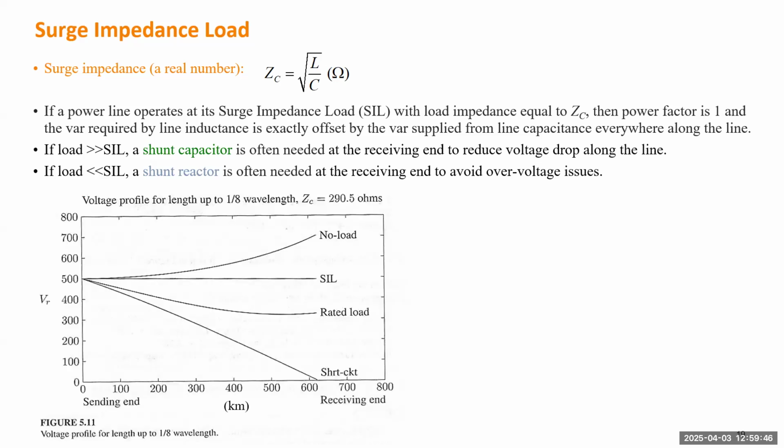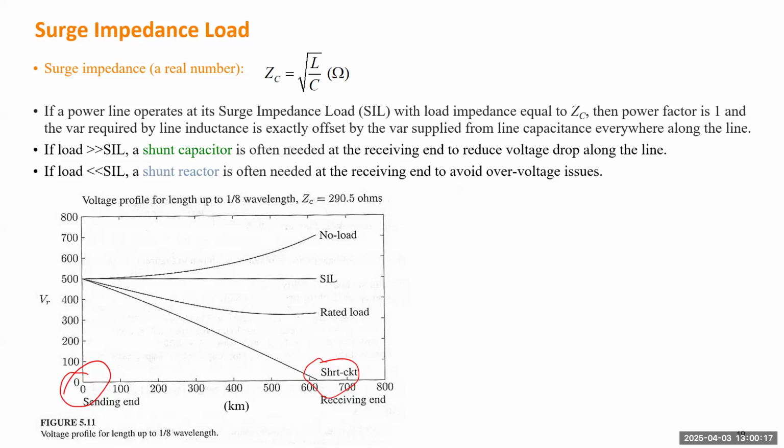Here is one example. The X is actually the distance of the line. Let me bring my pen. This is like the sending end. I use the sending end at the origin, and here is the receiving end. Now assume this line is 600 kilometers in length, which is 1/8 wavelength.